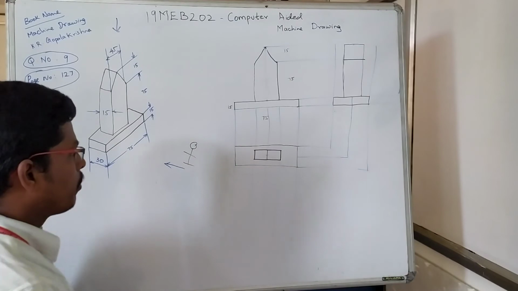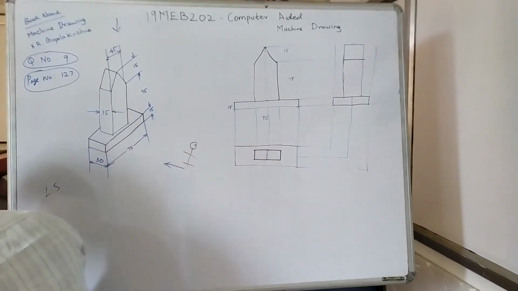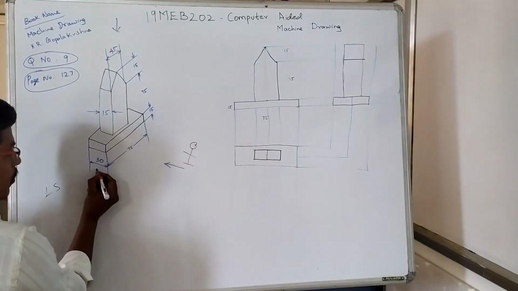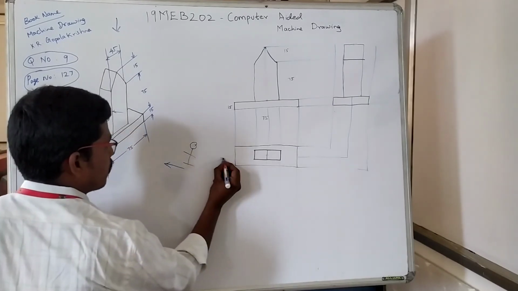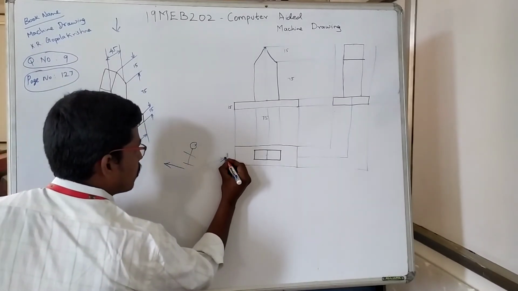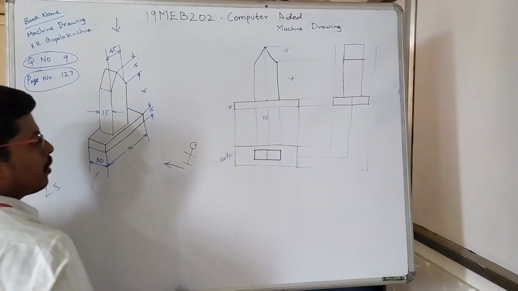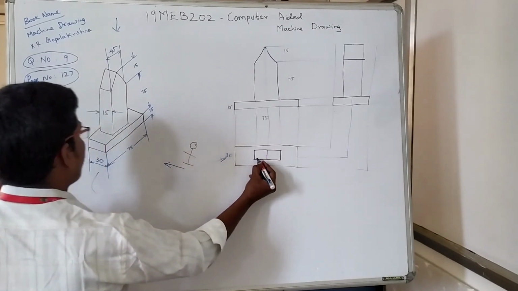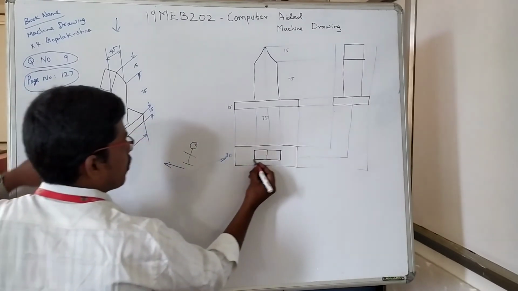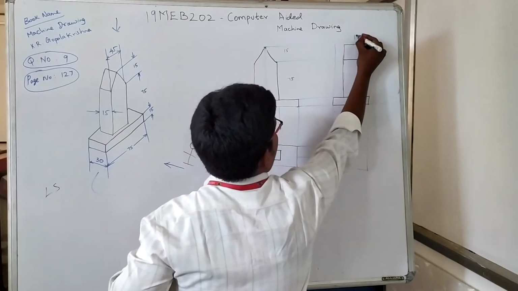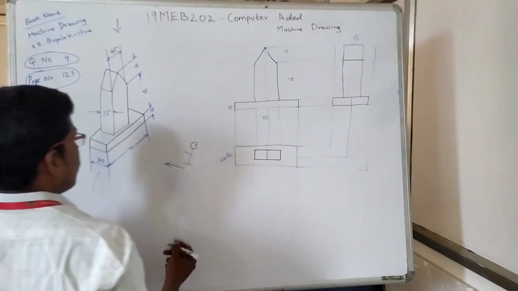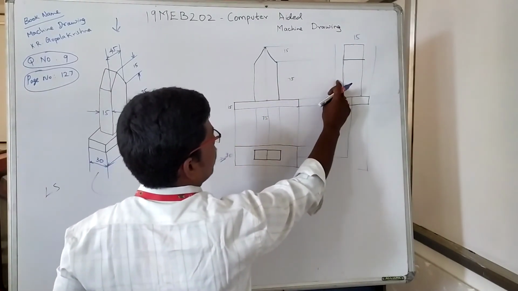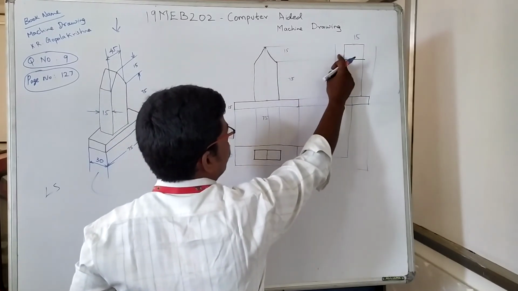Okay, again I am repeating. This thickness is attained from the side view. This is 30 millimeter and this thickness is 15 millimeter, which is mentioned here, and I can mention here thickness 15 millimeter. This height is 75 millimeter and this height is 15 millimeter.